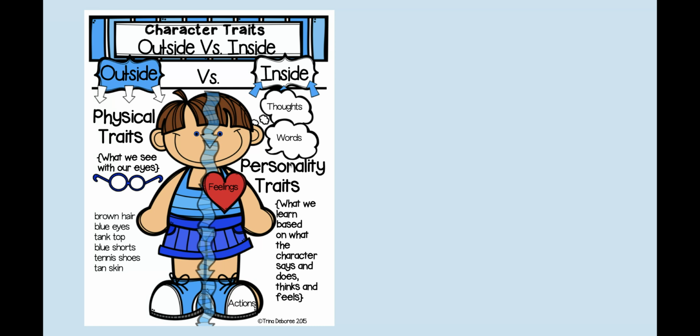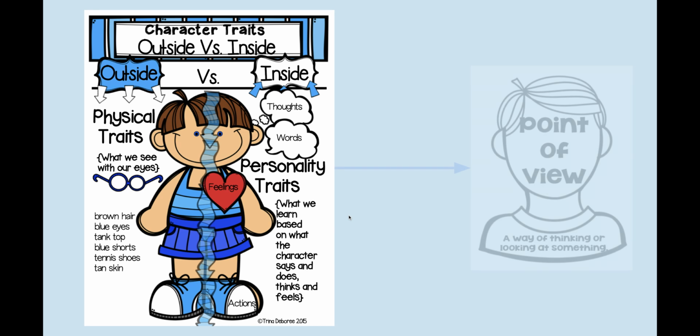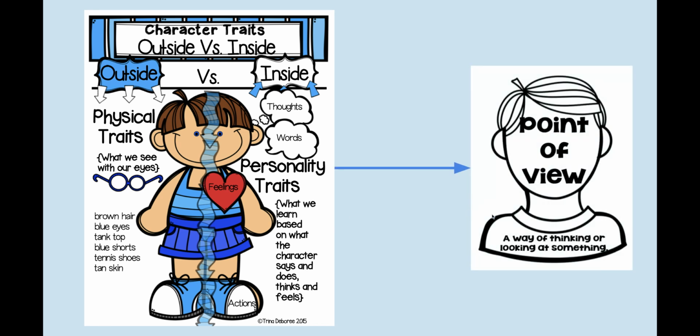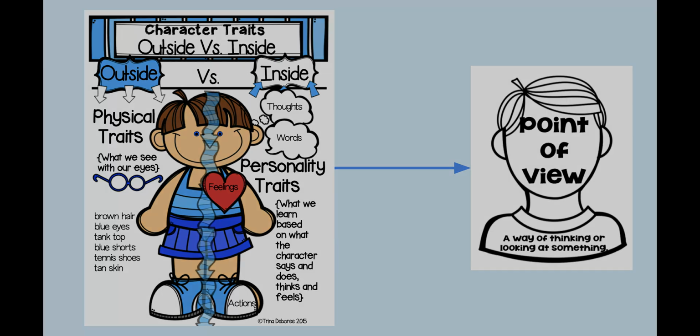But we need to make sure that we are aware that authors don't always tell us the internal traits. We have to pay close attention to what characters do, think, and feel so that we can understand a character's point of view. Point of view is another way of saying perspective, and it's a way a person or a character thinks or looks at something.